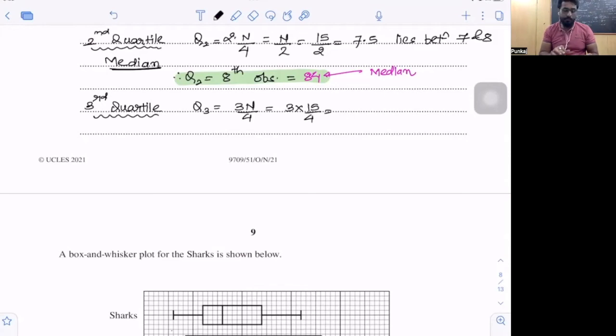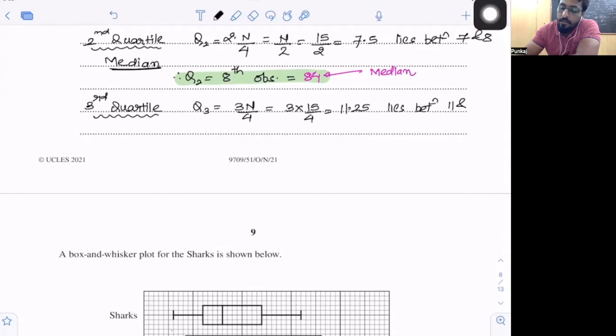You just multiply this value with 3. So that's 45 over 4, or you can say 11.25. Again, it's not an integer. 11.25 lies between 11 and 12. So therefore, I can say Q3 is your 12th observation, which is going to be what?